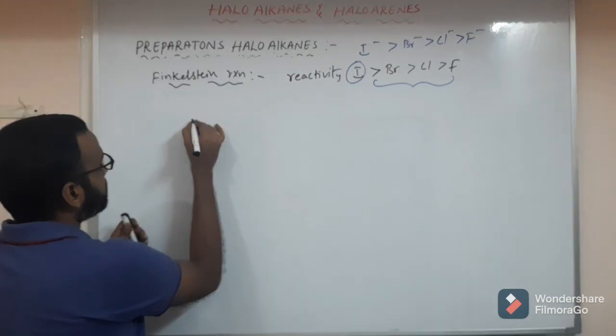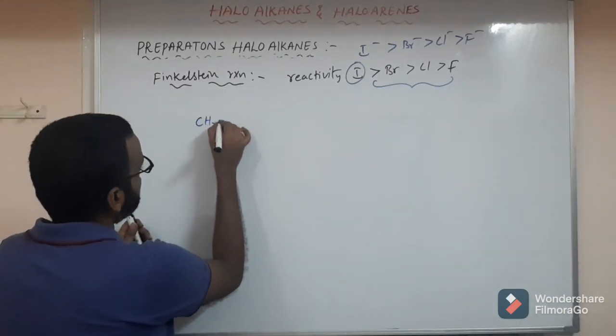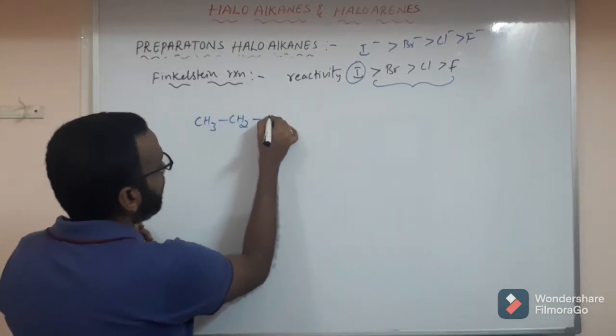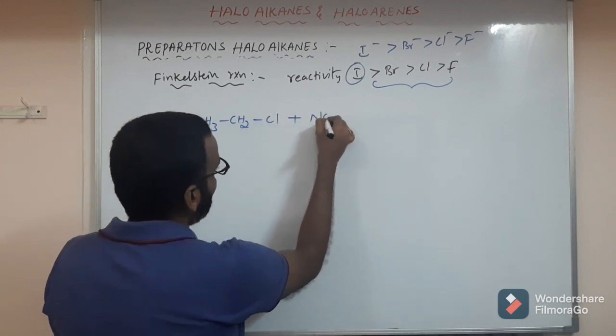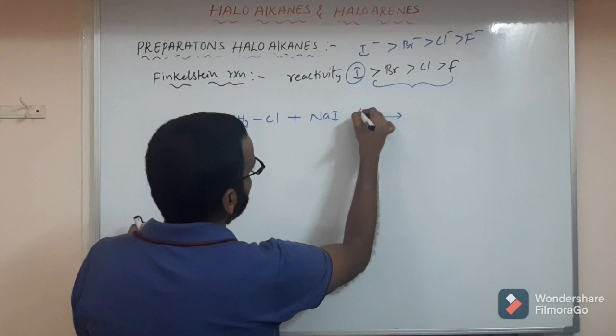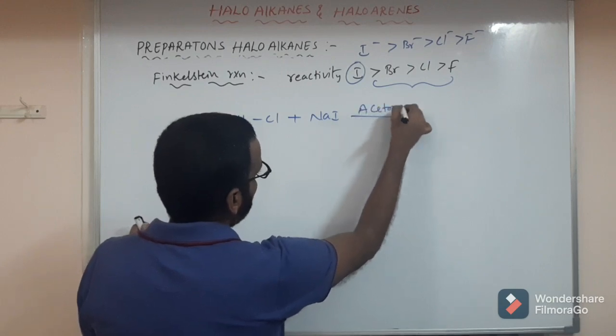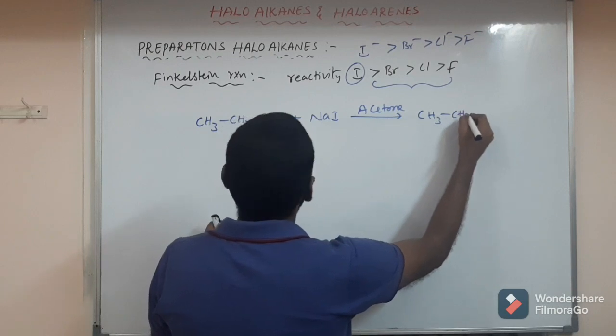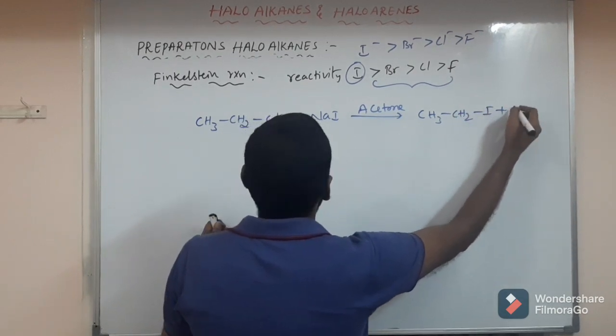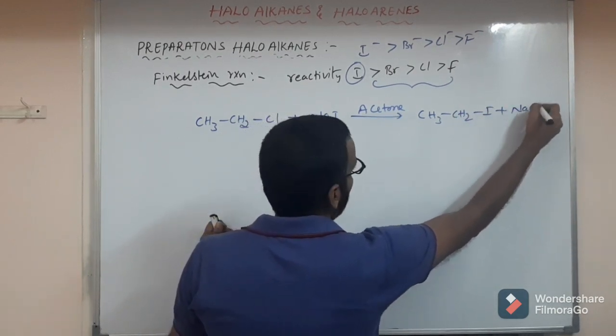So in the Finkelstein reaction, suppose CH3CH2Cl, if I am using NaI in presence of acetone, then what you are having is CH3CH2I plus NaCl. That's it.